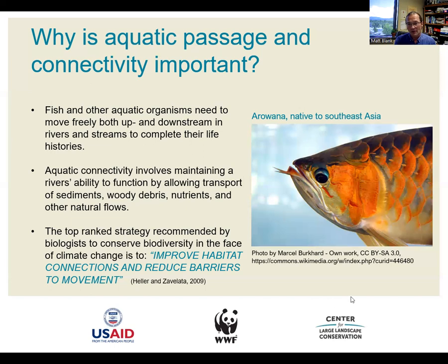Last bullet here: the top ranked strategy recommended by biologists to conserve biodiversity in the face of climate change is to improve habitat connections and reduce barriers to movement. That is true for aquatics and terrestrials, and they really truly are one and the same.